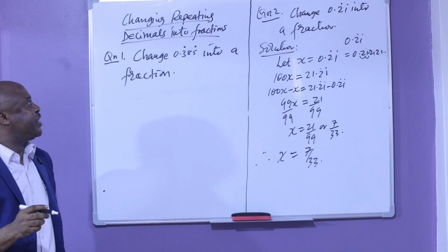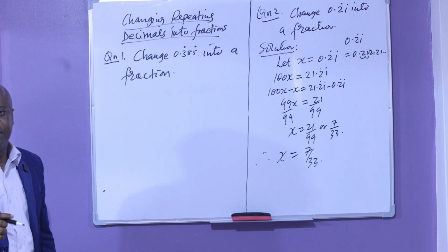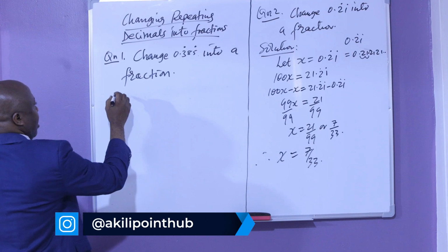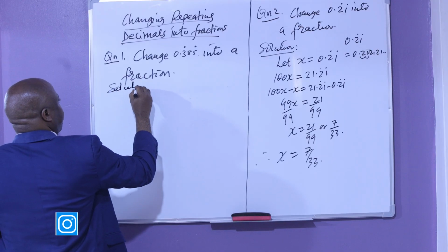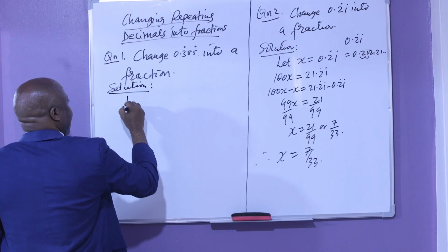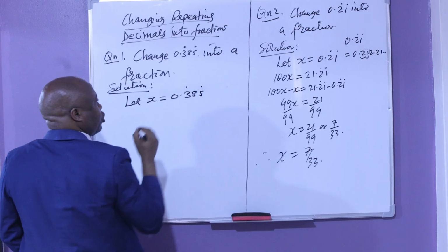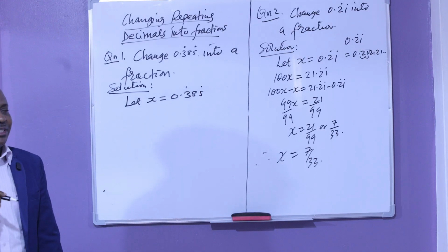So changing 0.385 into a fraction, we follow the steps that we had from the beginning. Solution: we let x be 0.385 repeating, showing that the 3 numbers are repeating.